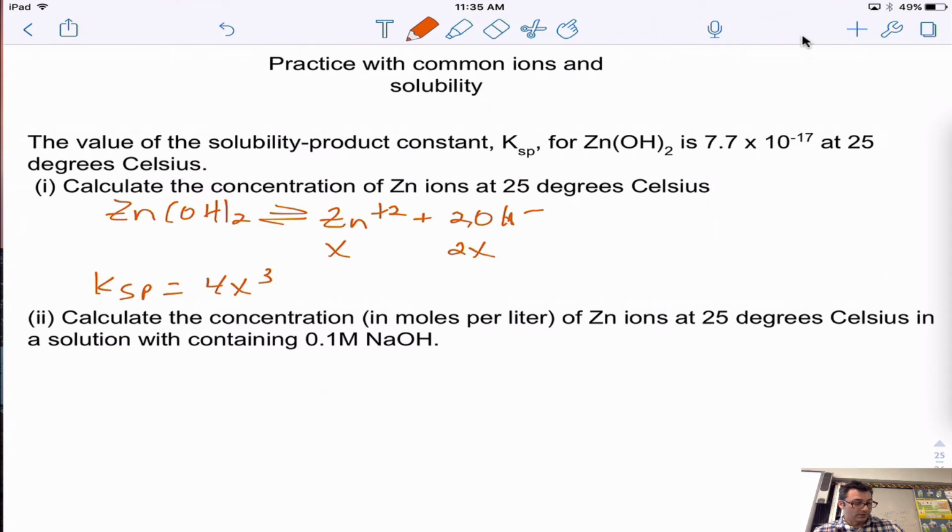And if we solve for x using the KSP up here, we can do that right now, and we would get 7.7e to the -17th divided by 4, and then taking the cube root of that, we would get 2.68 times 10 to the -6th.